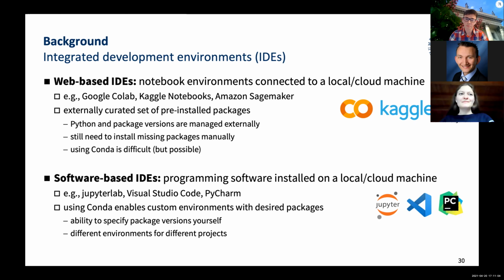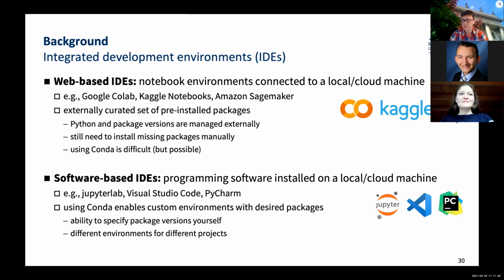And environment managers like Conda were mainly designed for the software-based editors, where you edit your code not in a browser, but in a software application that is installed on your machine or on the cloud machine. And this is what you can do with editors like JupyterLab or Visual Studio Code or PyCharm.